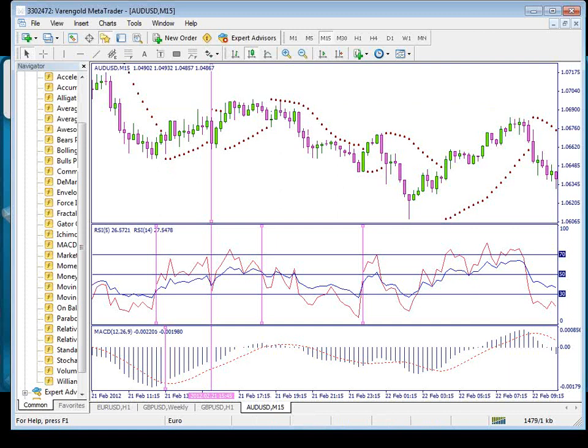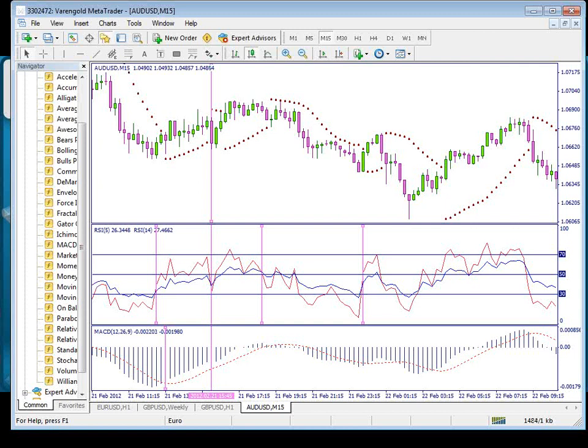Julian, do you look at correlated pairs for clues? Sometimes. All the time I have EUR/USD on the chart, on the screen.